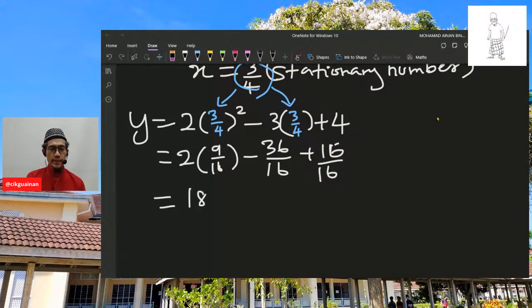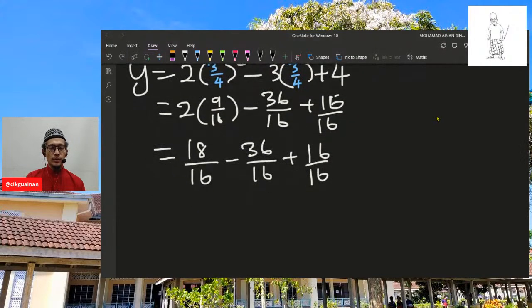So 9/16 minus 36/16 plus 16/16. Hmm, from that calculation, we get minus 2/16. Correct or not? 18 minus 36 is minus 18. Minus 18 plus 16 is minus 2. Okay, correct. So 2/16 can simplify further to 1/8.